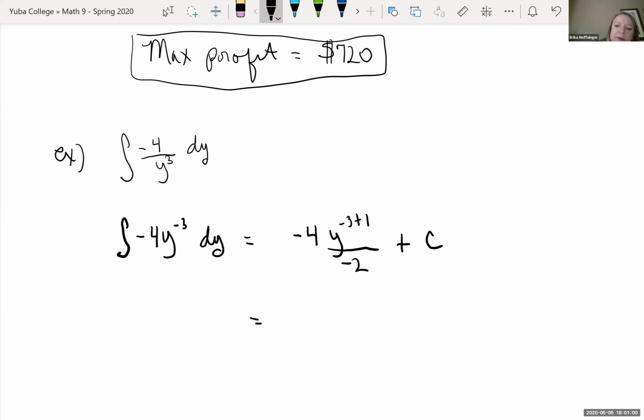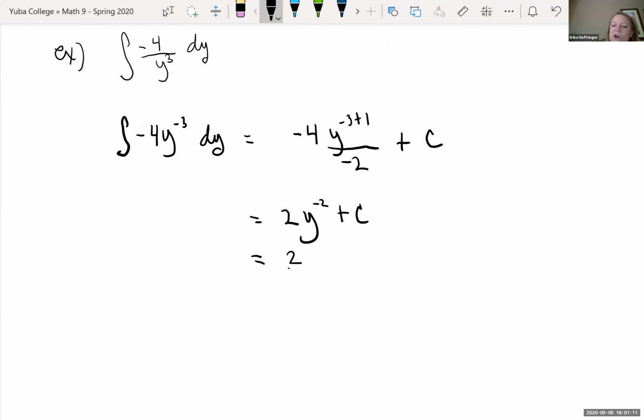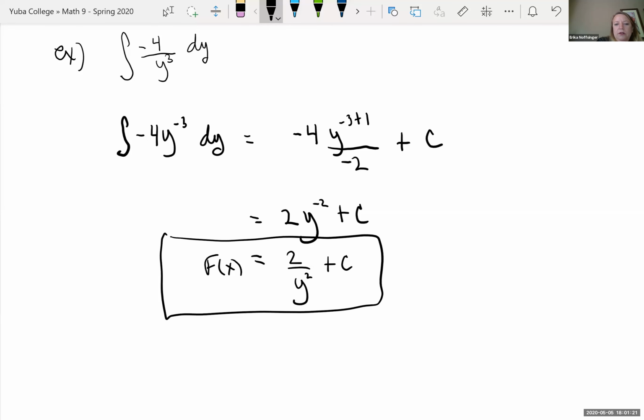And so this gives us back 2, y to the -2 power plus c. So this is equal to 2 over y squared plus c. And that would be the antiderivative of -4y to the -3rd power.